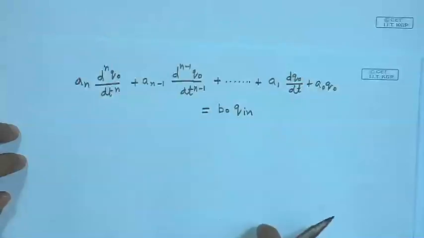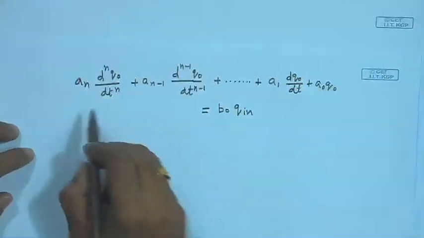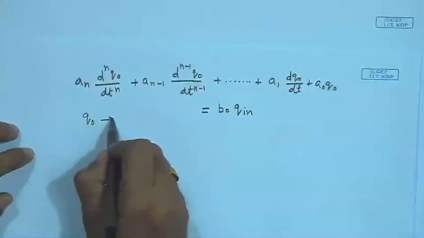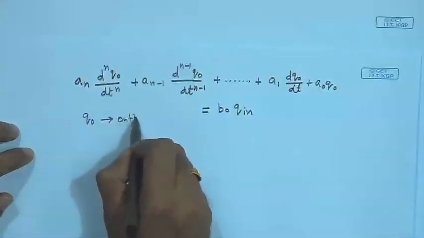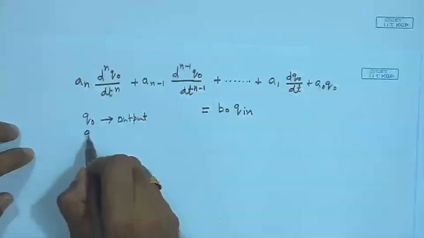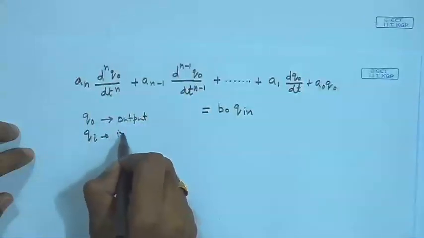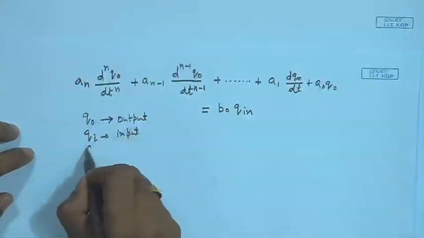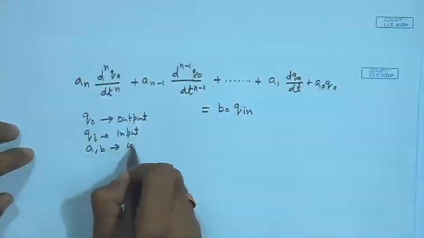So, this is the general mathematical model for my instrument, where Q0 is output quantity, Qi is input quantity, and A, B are constant coefficients.